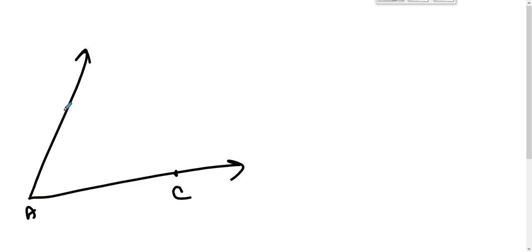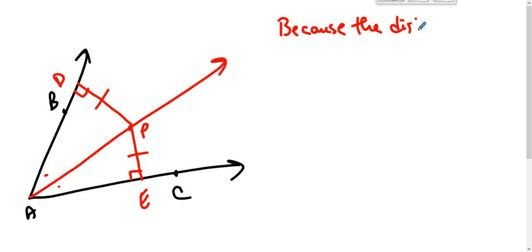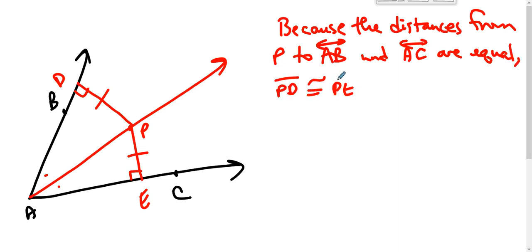So then we go the other way. You have some angle BAC, and you have some point P such that the distances to lines AB and AC are the same, and you want to prove that ray AP is an angle bisector. So because the distances from P to AB and AC are equal, PD is congruent to PE, and angle PDA and angle PEA are right.